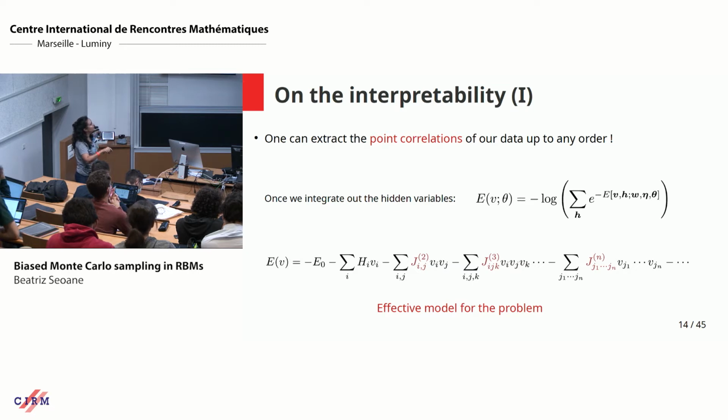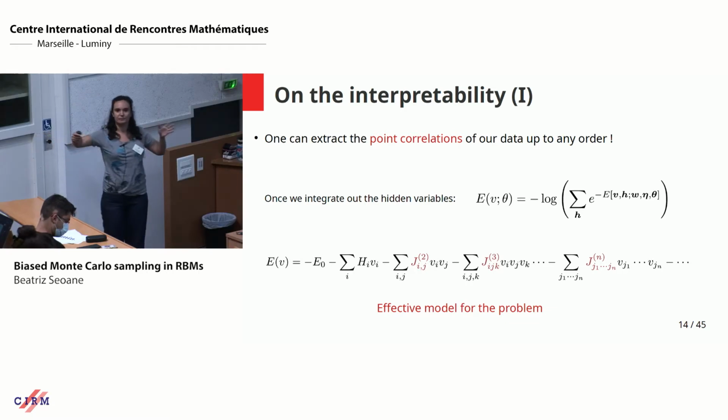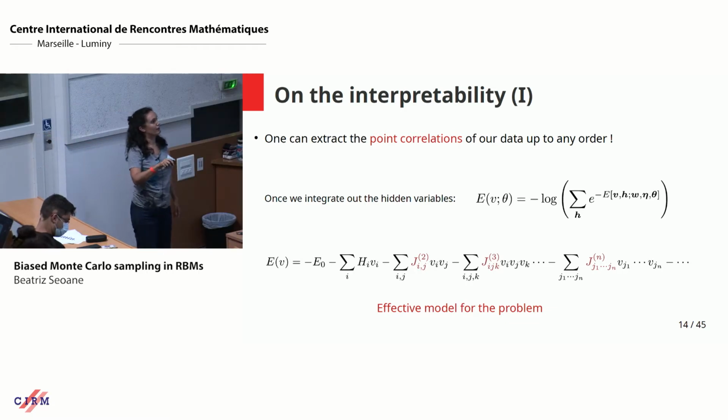We would obtain an effective energy that contains all the interactions at all possible even and odd degrees, which means that once we have a trained machine, we really have a very complex model for our data. So if we manage to train it well, this is really powerful.